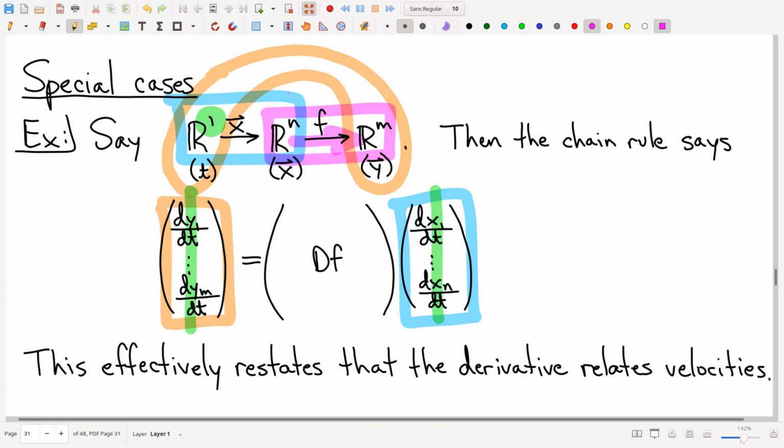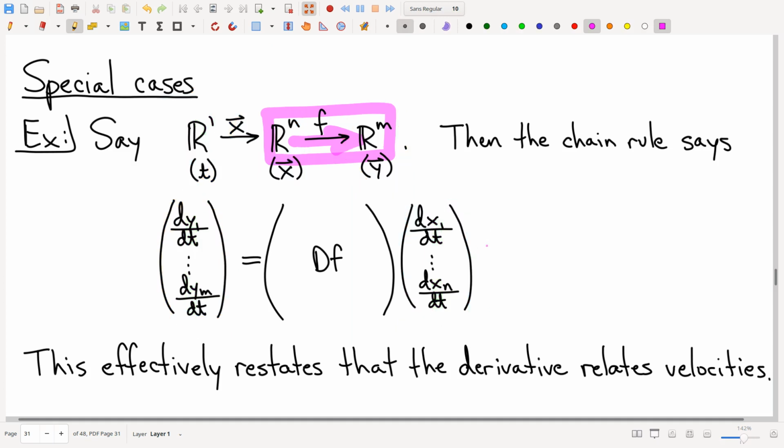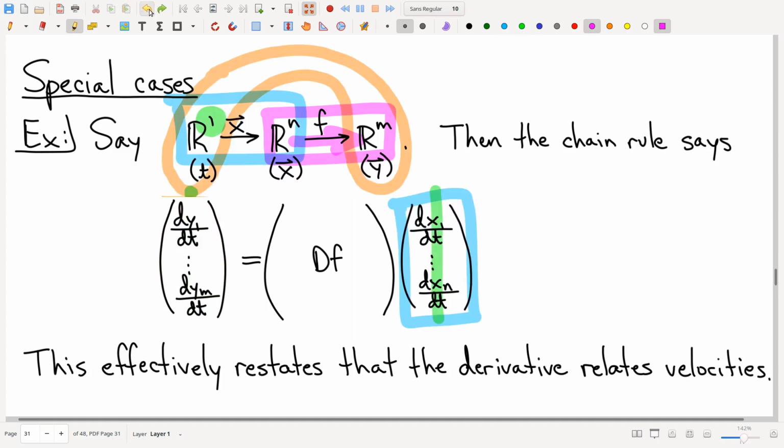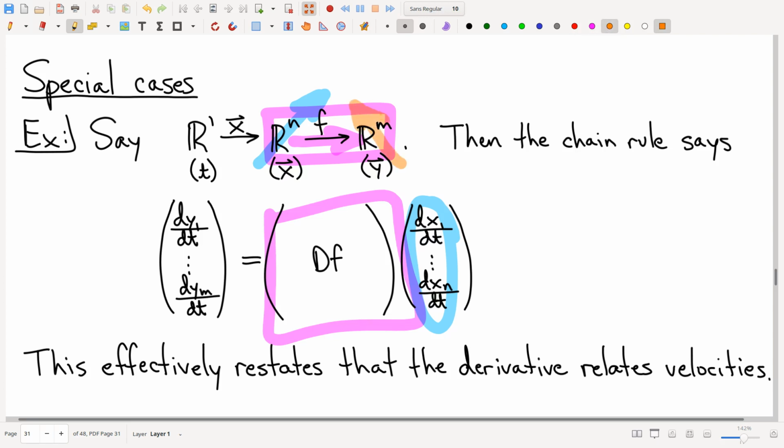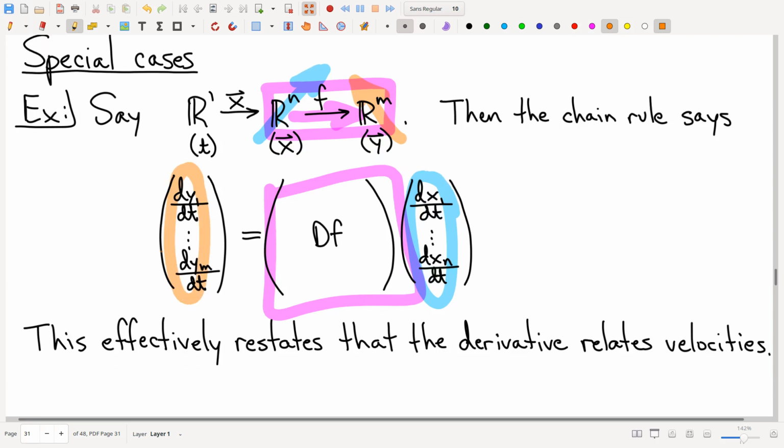The derivative of that f function is going to take my velocity vector, x prime, in Rn, and multiply by that to give me, as a result, the corresponding velocity vector in Rm. So this is old news. This is a recovery.